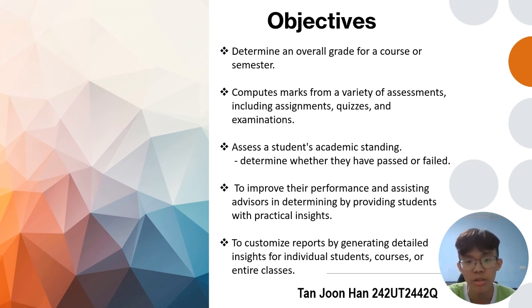And additionally, to improve their performance and assist advisors in determining, by providing practical insights, if support or intervention is necessary. And the tool is for better decision making. And lastly is to customize reports by generating detailed insights for individual students, courses, or entire classes. It is tailored to specific academic or administrative requirements.